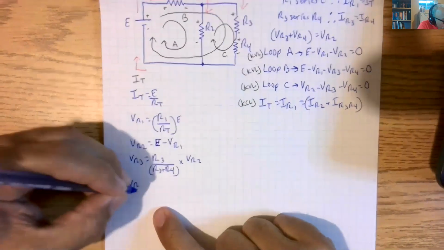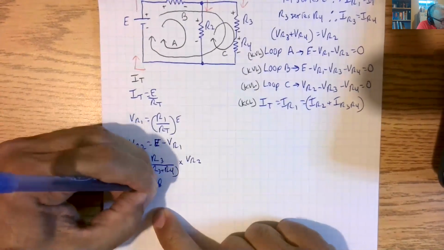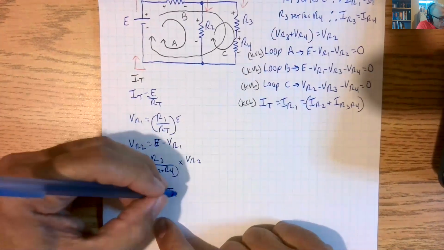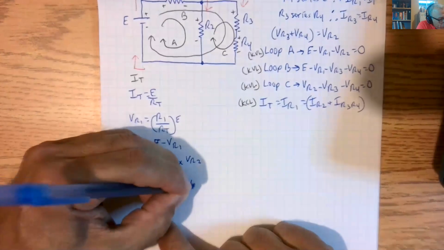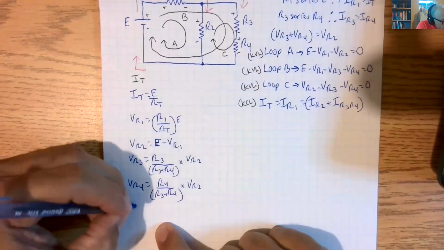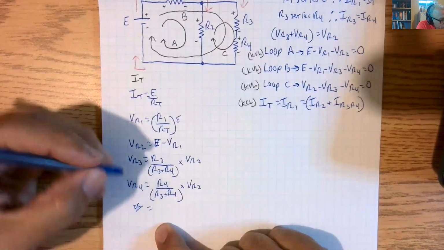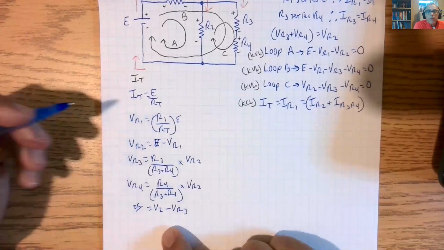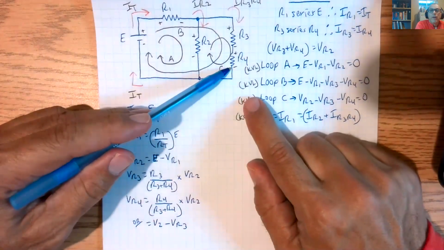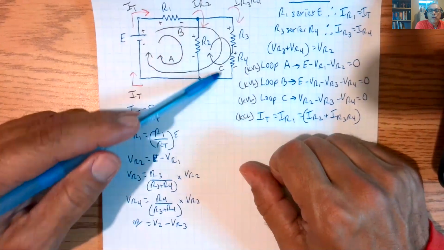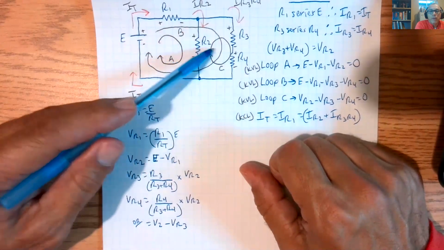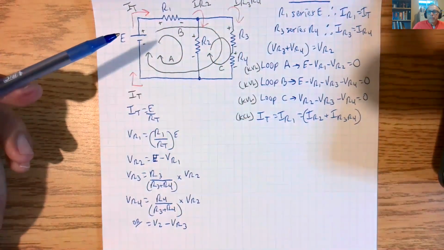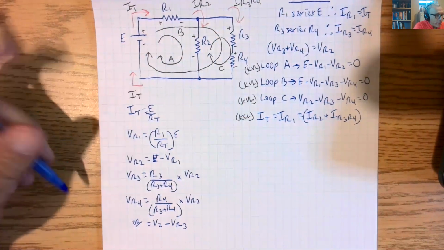And we can say that VR4 is equal to R4 over R3 plus R4 times VR2 again, right? Or we could say that it's equal to VR2 minus VR3. Okay, we could say that this voltage here is equal to the total voltage across the string, which is our VR2, minus the voltage at R3. Okay, so that's where we get there.